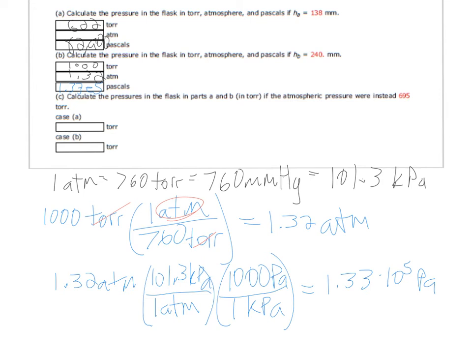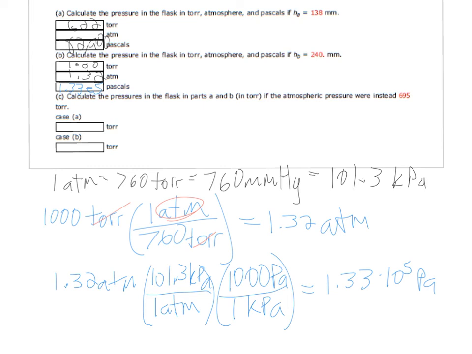In part C, they're asking about pressures in torr for both situation A and situation B, but this time they say that atmospheric pressure, instead of being 760, is now 695. So if you remember situation A, atmospheric pressure was greater than the gas sample pressure, and so we had arrived at the gas sample pressure by subtracting the difference in height from the atmospheric pressure.